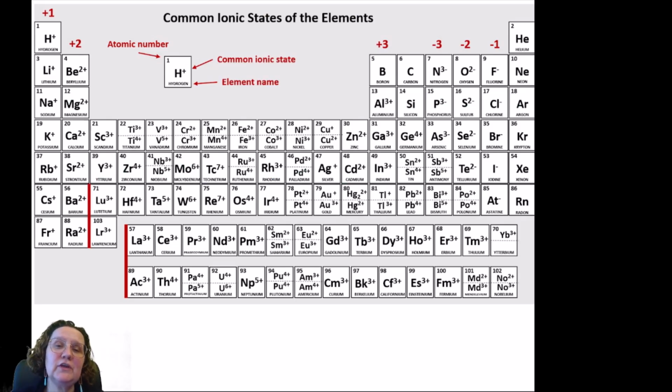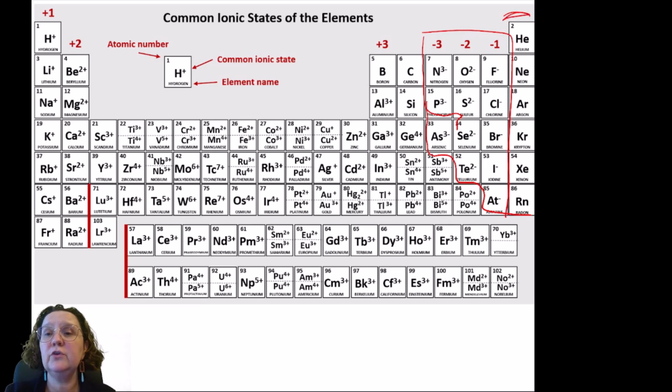So this first slide is from the University of Western Oregon that I've mentioned in the previous slide, and this is just some typical ions that elements in the periodic table form. First of all, you will see that the noble gases do not form ions.